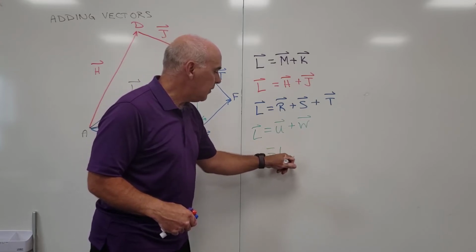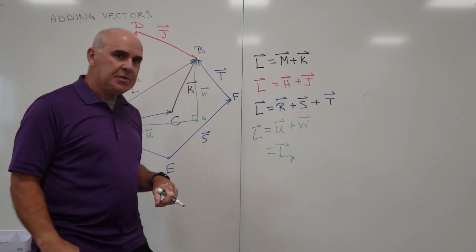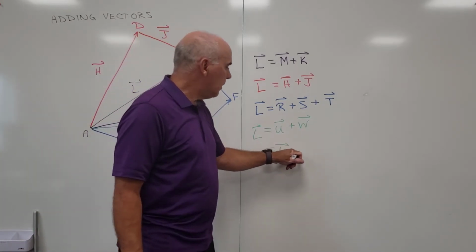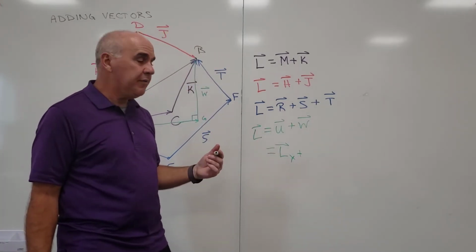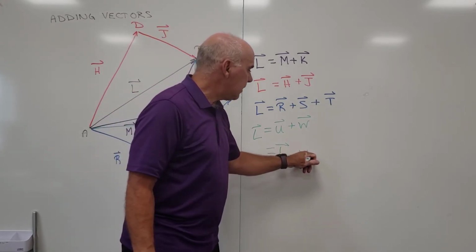So I'm going to call that L sub x. I'll still put a vector over the top of that. And W is the component of L along the y-axis.